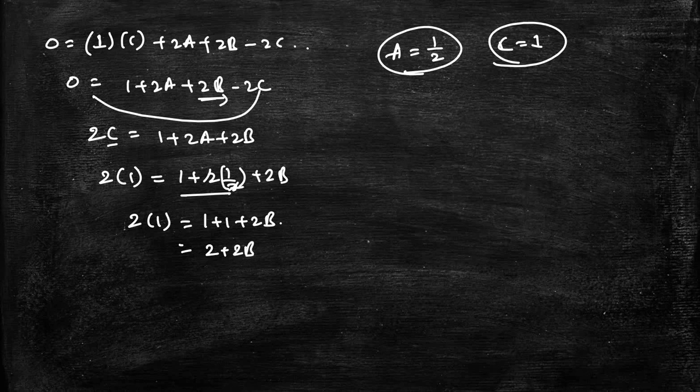How much value do we have to find? 0. So I will take 2 common from these two terms, it will become 2 into 1 plus b.